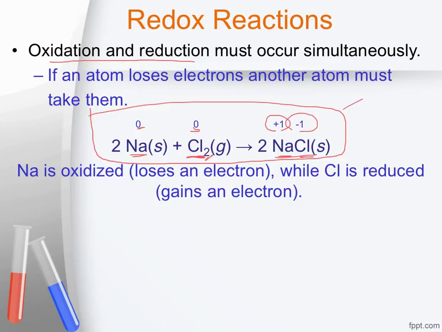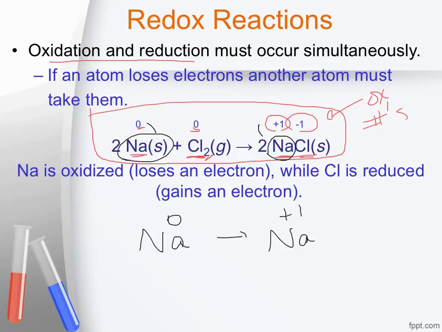You are now done assigning oxidation numbers, and so in order to determine whether or not anything has been oxidized and reduced, you compare the element before and after the reaction. Sodium starts out with an oxidation number of 0, and ends up with an oxidation number of +1. So what has happened to sodium? In order to go from 0 to +1, it has lost an electron.